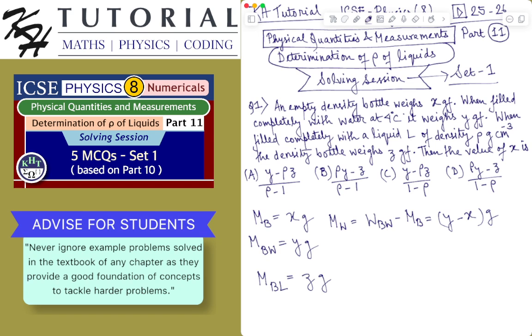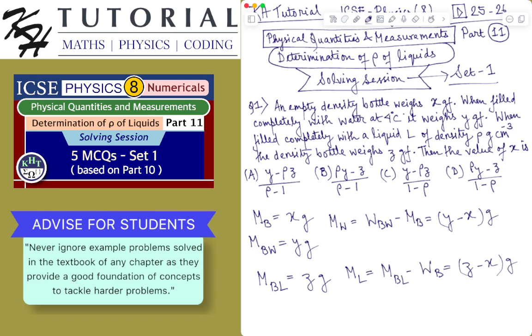So the mass of the liquid will be the mass of the density bottle completely filled with the liquid minus the mass of the empty density bottle. This is z minus x gram.